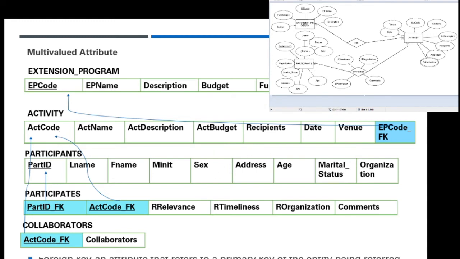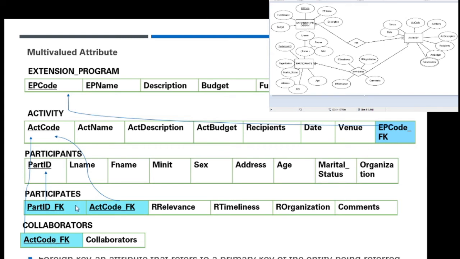So for our activity, we have collaborators as a multi-valued attribute. So what are we going to do? For every multi-valued attribute, create a new relation. The name of that particular multi-valued attribute will be the name of your new relation.